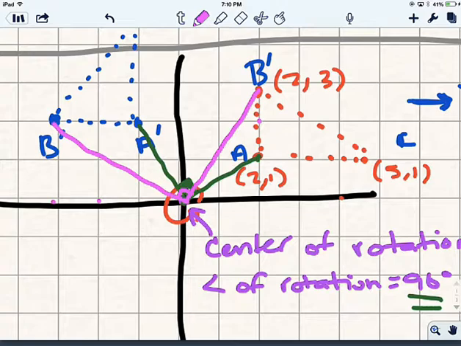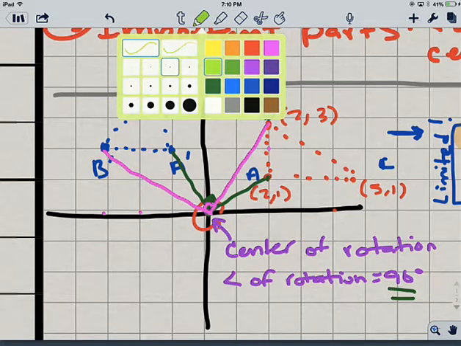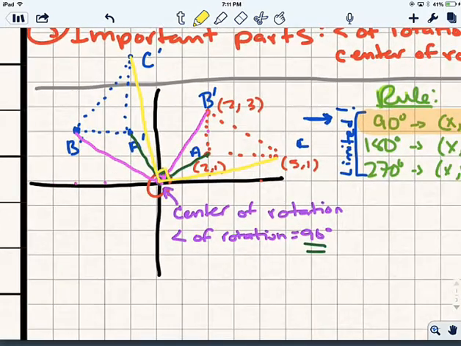That's interesting, isn't it? And then if I look at C and C prime, it's going to get awfully messy if I do it, so I'll do it in a really light color. If I come straight in from C to the origin and then C prime down here, look at that, another 90-degree angle and 1, 5, 5, 1. So hopefully, in my very subtle way, you guys have picked up on the structure that has to be present here. We can even take a note of it as well.